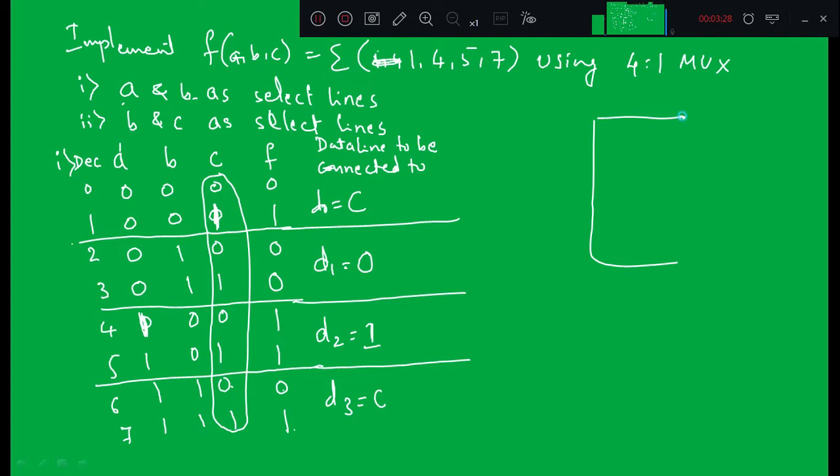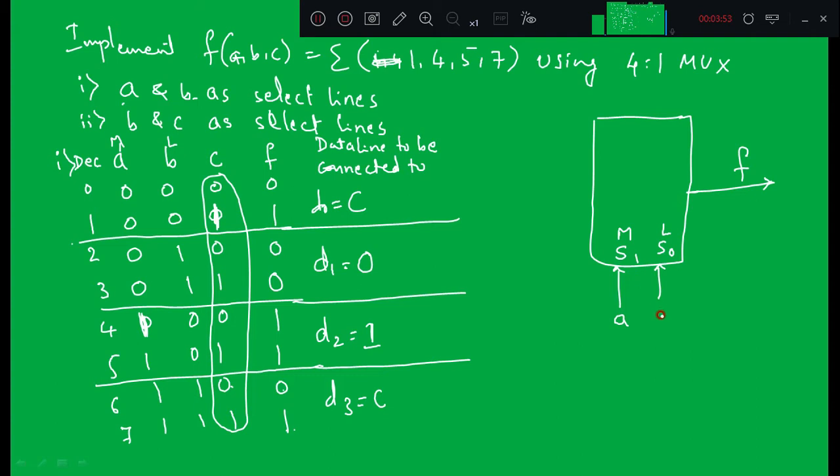Now if I design this, see how it looks. Output is F. There are 2 select lines, S1 and S0. S1 is MSB, S0 is LSB. In the given function, A is MSB and C is actually the LSB, but we are connecting only A and B to the select lines, so B will act as LSB.